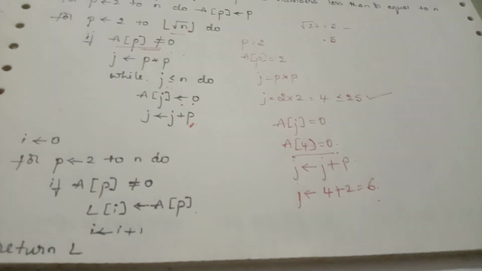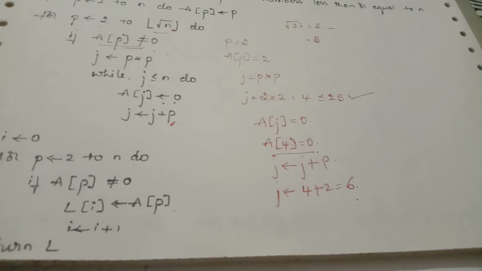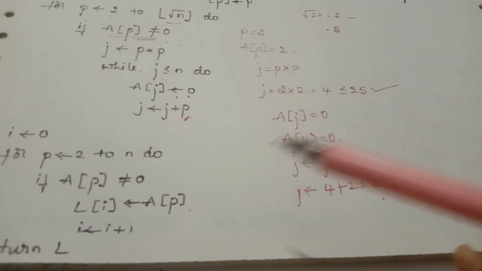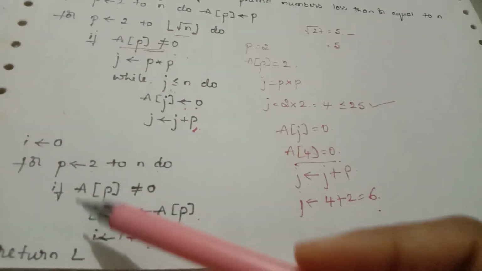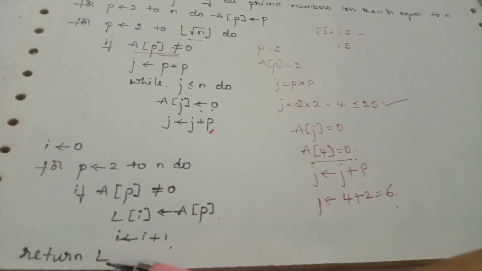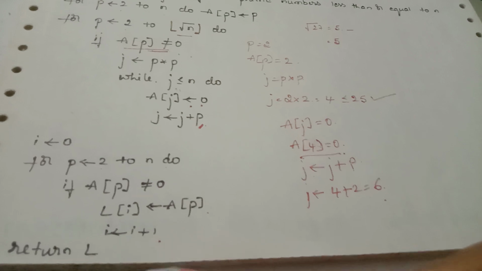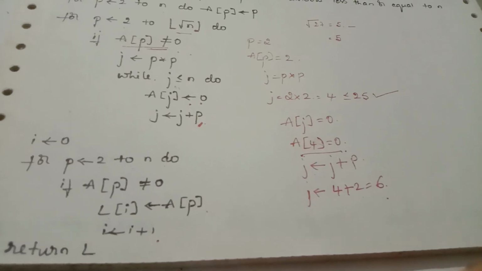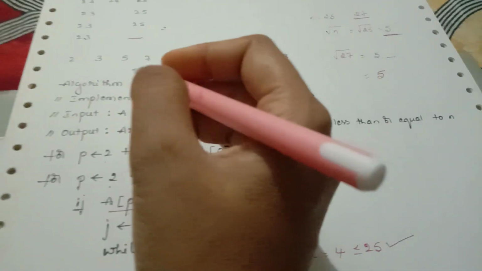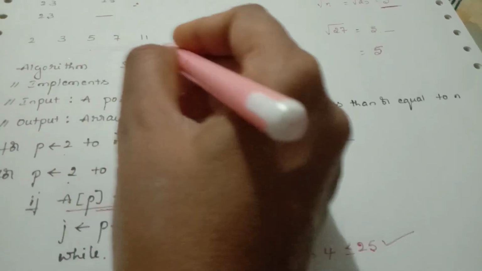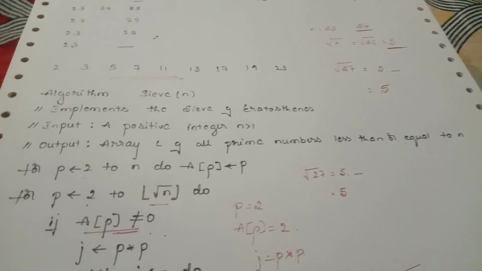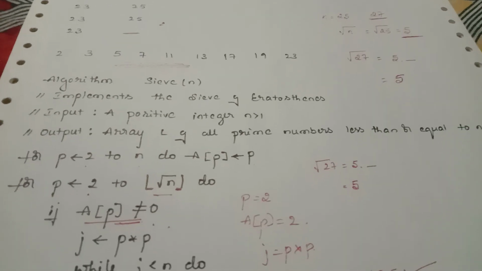If it is 0, that means the number is not in the list of prime numbers, and we keep on incrementing the i value. After this for loop finishes, we just return the array L. That is the final array, the array of prime numbers from 2 to 25.